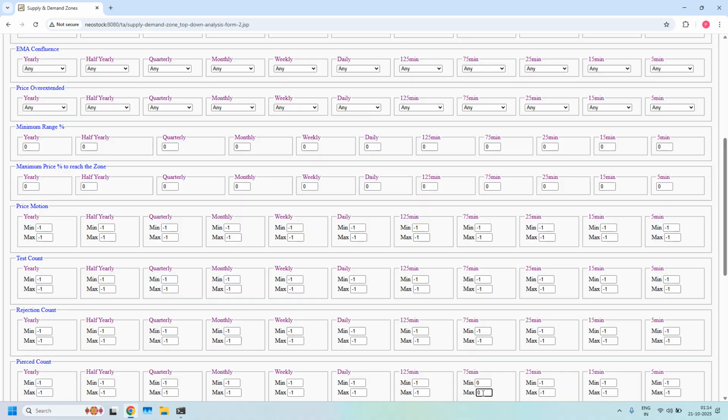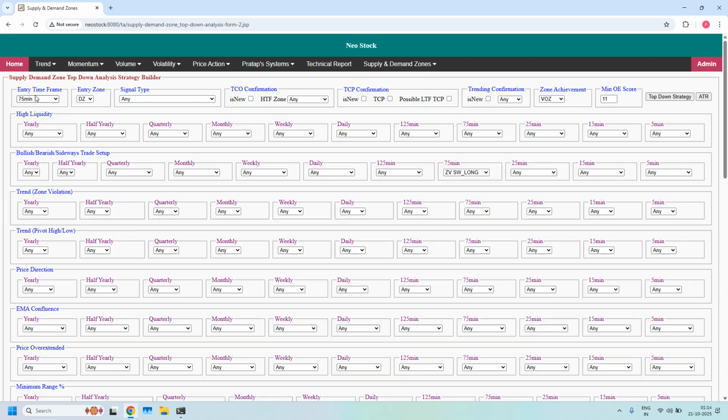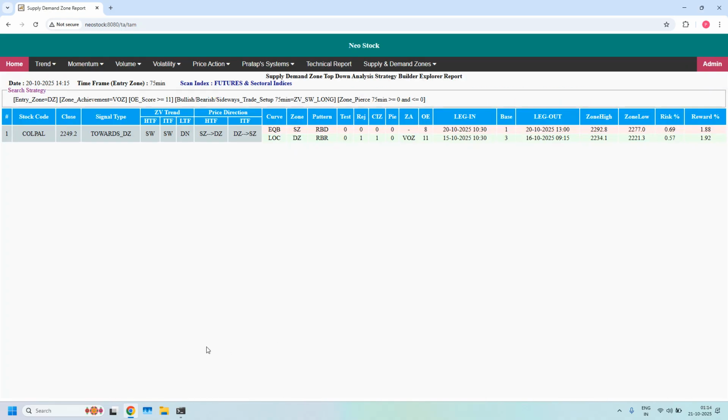That means pierced count is 0. Pierced count 0 means whatever you select, that zone is not pierced. Here I selected 75 minutes demand zone, so it is not pierced. So only 1 stock is filtered. So this 75 minutes demand zone is supporting sideways long trade setup for weekly income trade.